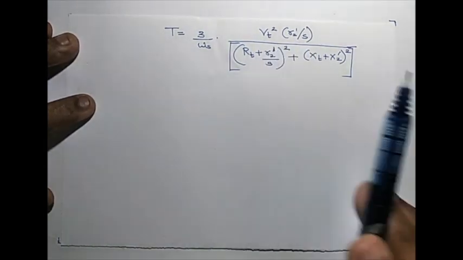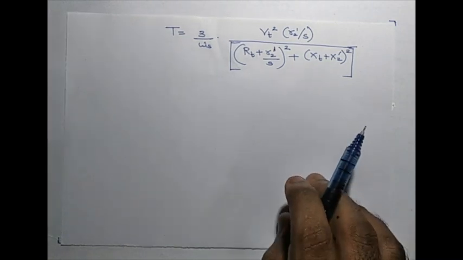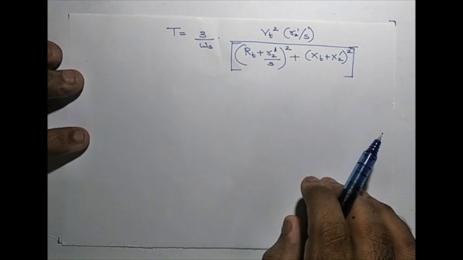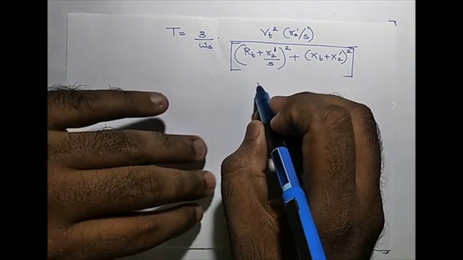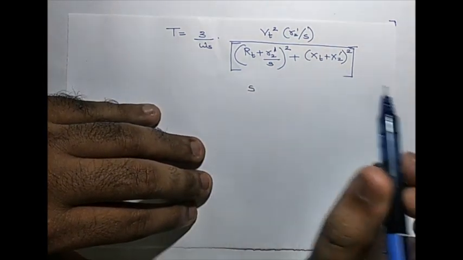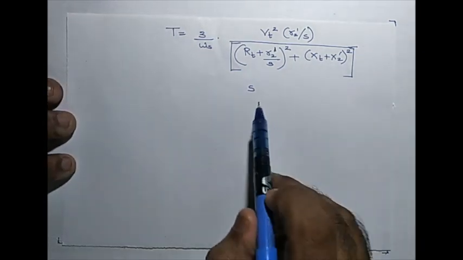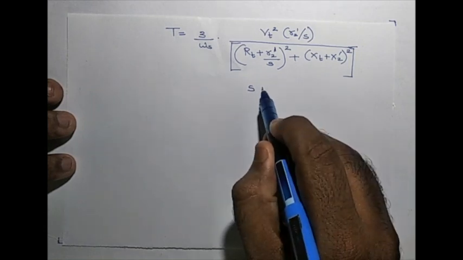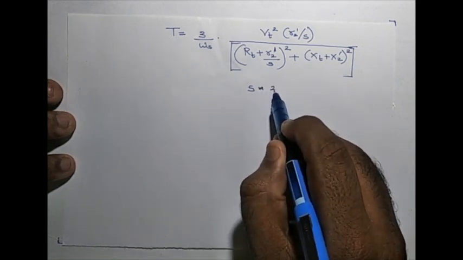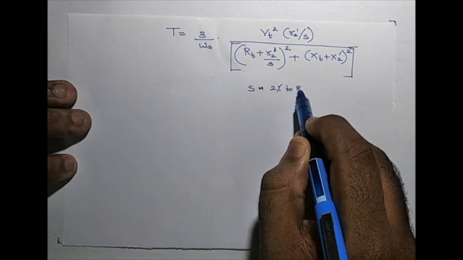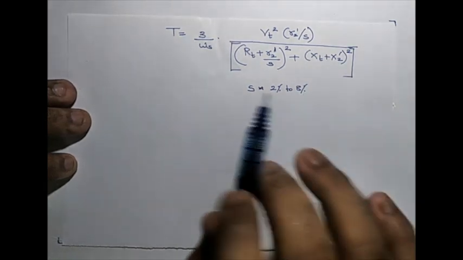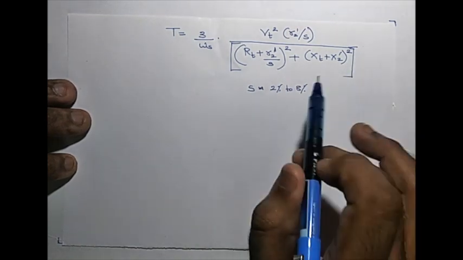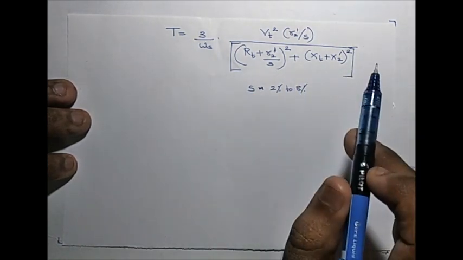So we will see the shape of this T-omega curve. What is the normal range of slip for any induction machine? It will usually be 2% to 8%. Ideally, it will be less than or approximately 5 to 6%, not more than that in normal running conditions.